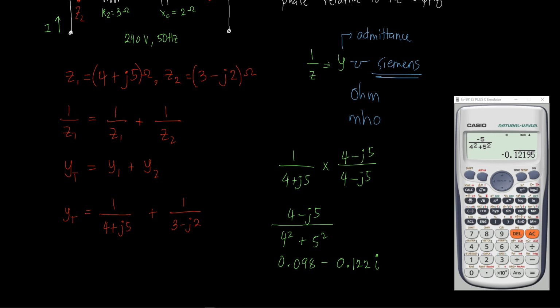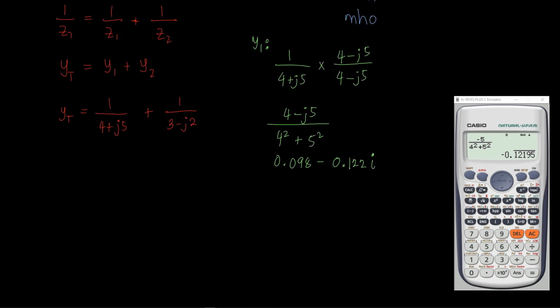Okay, solving for Y2. 1 over 3 minus J2. So, multiplyan na to siya og 3 plus J2 over 3 plus J2.